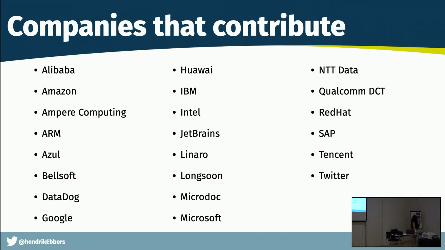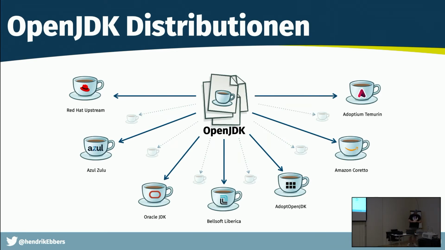Excuse me, sure? So the question is why Twitter builds custom builds instead of using, for example, the one from Amazon.